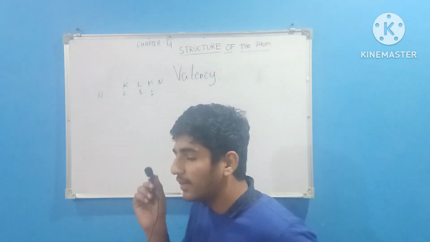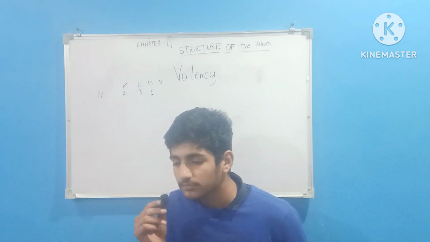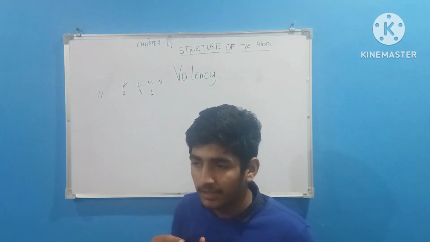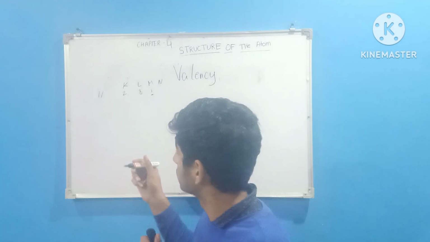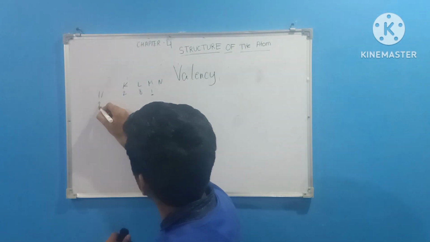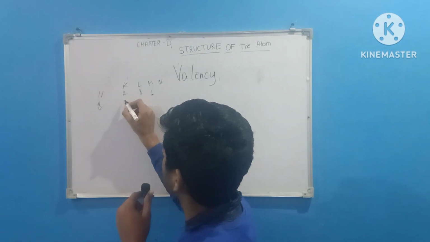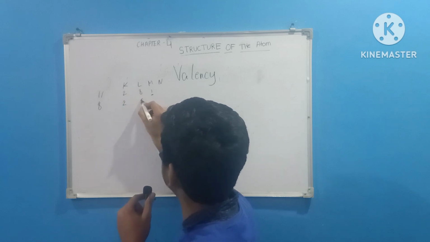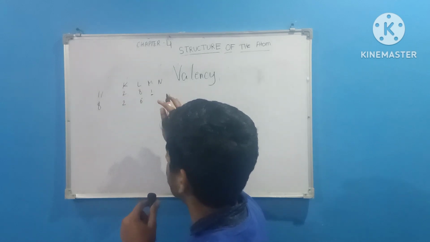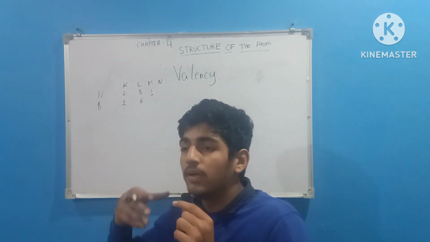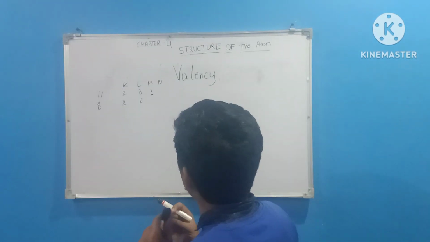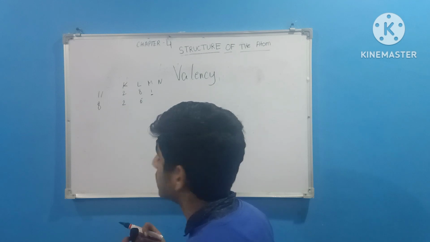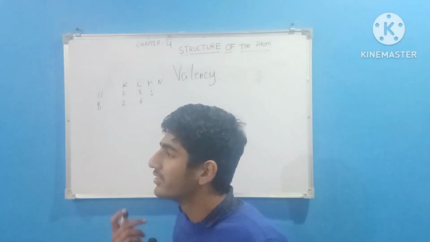So let's take a different one. Let's take oxygen. The atomic number of oxygen is 8. In the K shell 2 and 6. So is it easier to gain 2 electrons, or easier to lose 6 electrons?